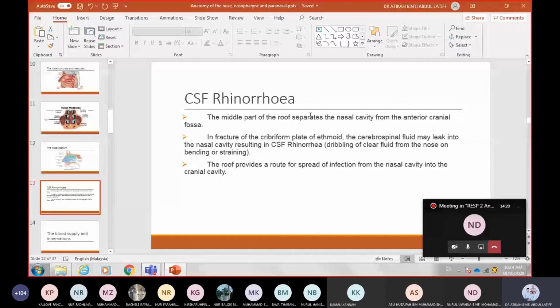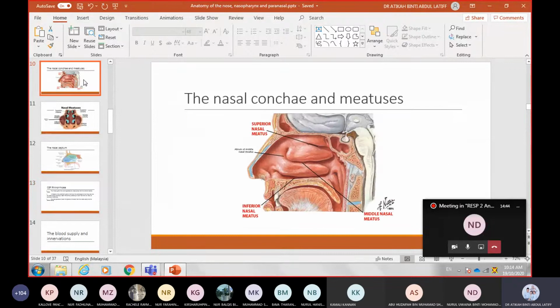But there is a passage, just to show you, there is a passage from the nasal cavity into your cranial cavity. So CSF can leak if there is a fracture of the cribriform plate of the ethmoid. So if I show you in this picture here, this is your brain already. You can see this is your pituitary gland, and optic chiasm here, and this is part of your brain already.